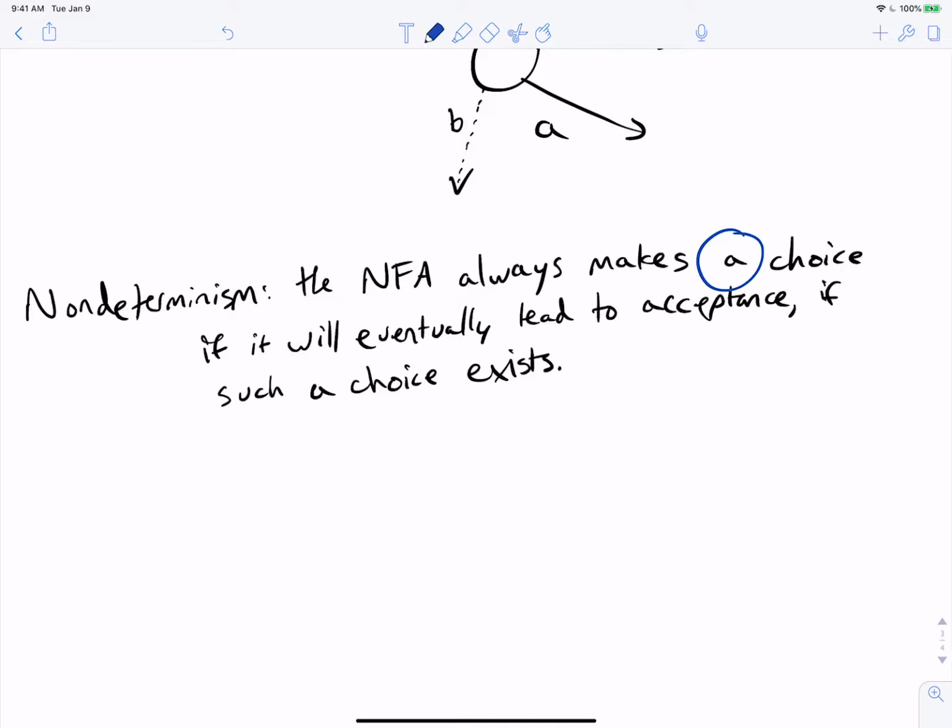Yeah. Quick question, I guess. If it eventually leads to acceptance, and the NFA always makes the choice that will lead to acceptance, doesn't that mean, if there is one, that as long as there's multiple paths, as long as it leads to acceptance, it'll be fine? Yeah, it'll choose one of them. Just at random, or we don't know, but it always chooses one.